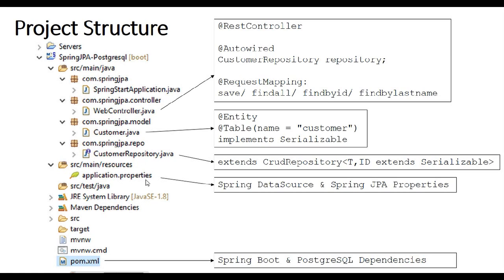We configure the Spring data source and JPA properties in application.properties, and the dependencies for Spring Boot and PostgreSQL in the POM.